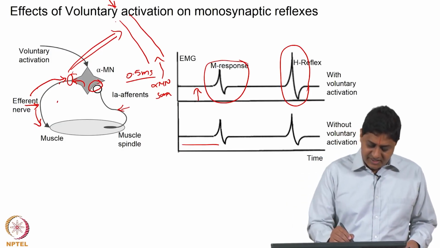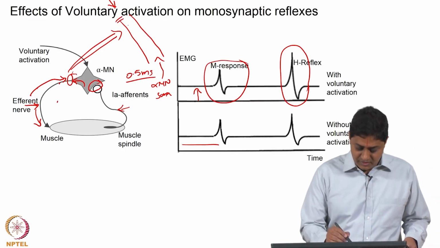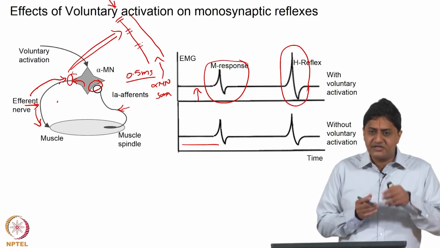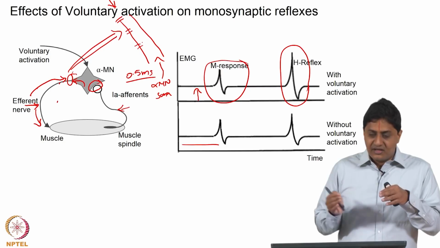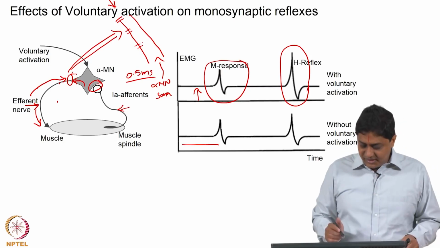Suppose that is a voltage gated sodium channel. And there are several of these strategically placed voltage gated sodium channels present, which is what causes the propagation of the action potential, as we have seen.